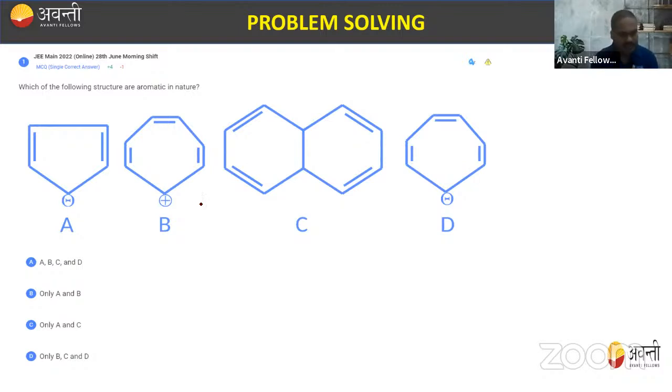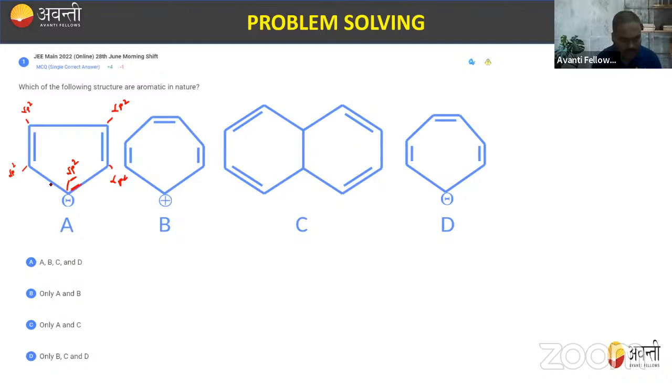So out of these, let me check which one is planar. Here we can say this is sp2 hybridization, this is also sp2, this is also sp2, this is also sp2, and here also we have sp2 hybridization. Here also we have sp2 hybridization. How?